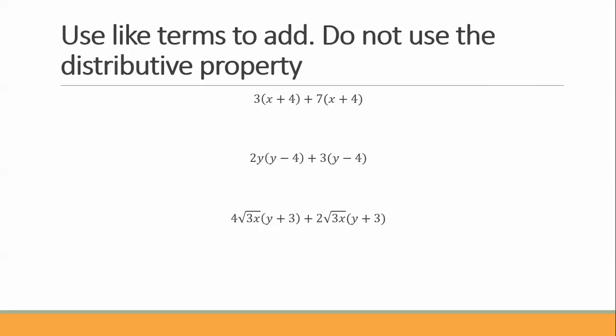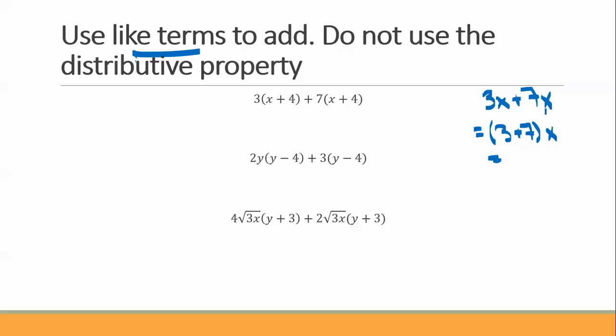Now this last one, we're going to use like terms to add. We're not going to distribute first. So for like terms, if we have 3x plus 7x, we're actually adding the 3 plus 7 first and then the x.